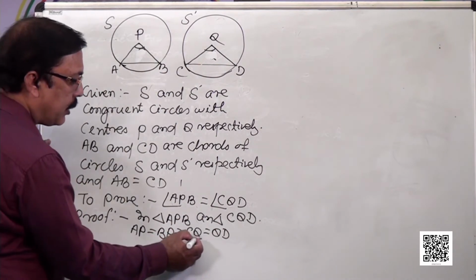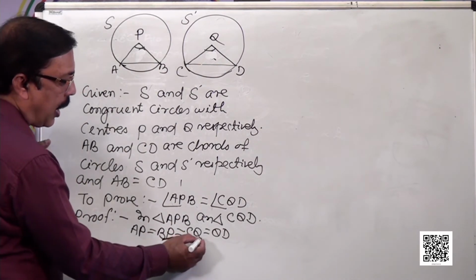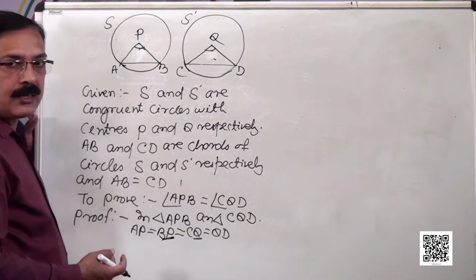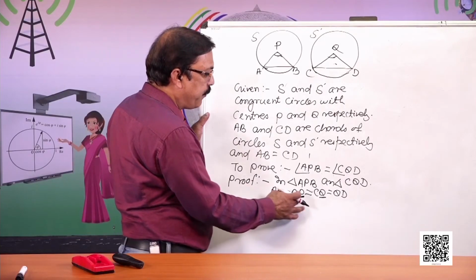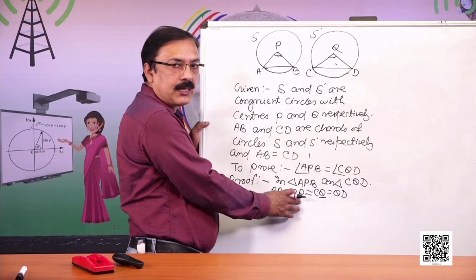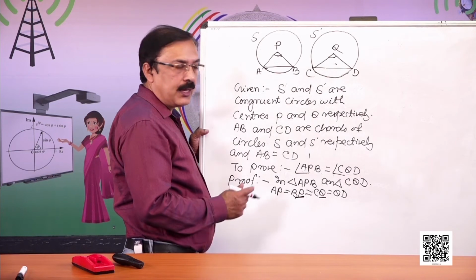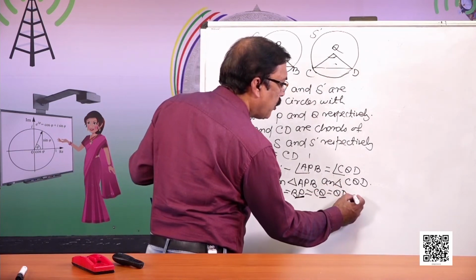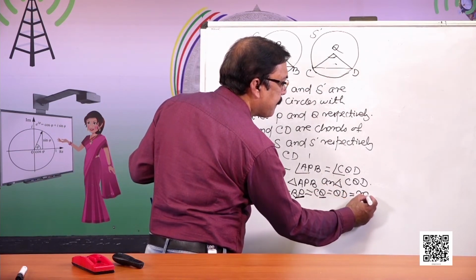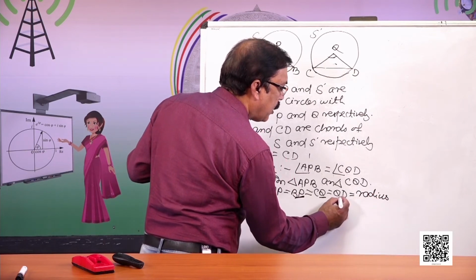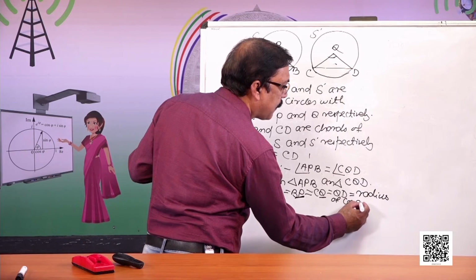Here BP and CQ are radii of congruent circles, and AP, BP are radii of the same circle. Similarly, CQ and QD are radii of the same circle. So we can say radius of congruent circles.